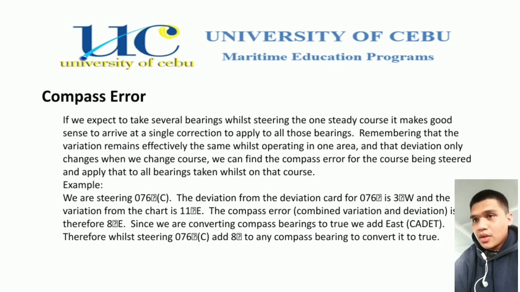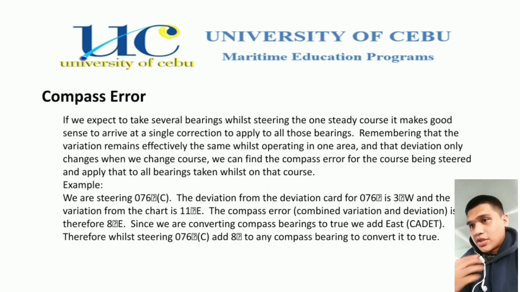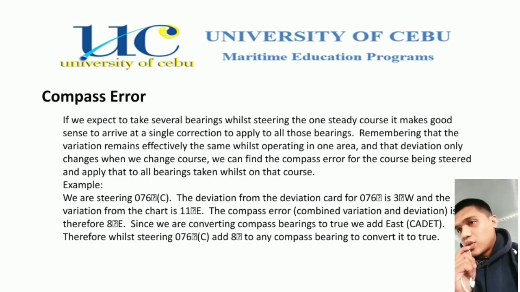So first, let me explain the compass error. If we expect to take several bearings whilst steering one steady course, it makes good sense to arrive at a single correction to apply to all those bearings, remembering that the variation remains effectively the same whilst operating in one area, and that deviation only changes when we change course.